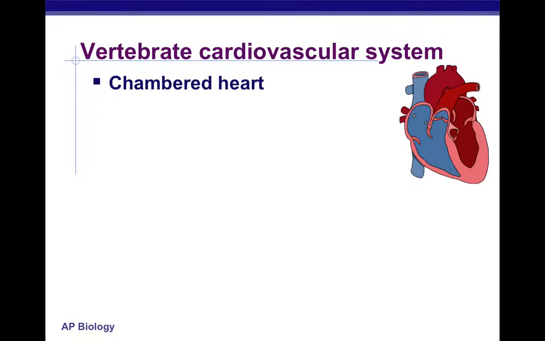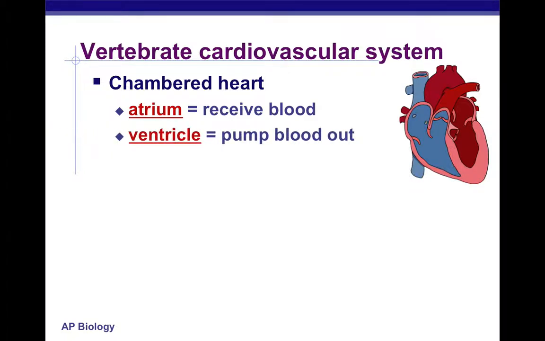So when we look at the vertebrate cardiovascular system, or your circulatory system, everyone possesses a chambered heart, which is separated into 2 main chambers. The atrium receives blood. So this would be the atrium up here and up here.